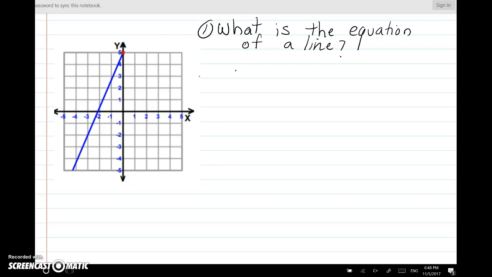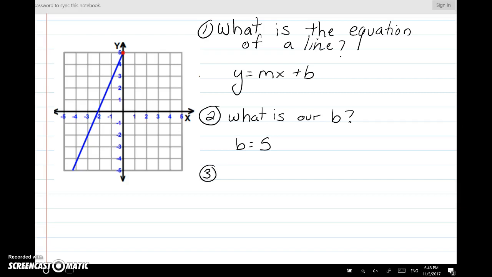Okay, the answer is going to be y equals mx plus b. Question 2. What is our b? Our b here is going to be 5.